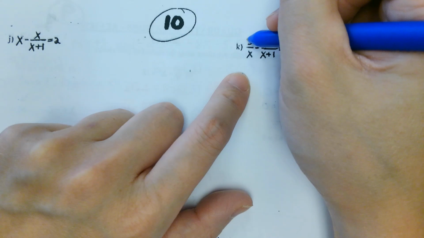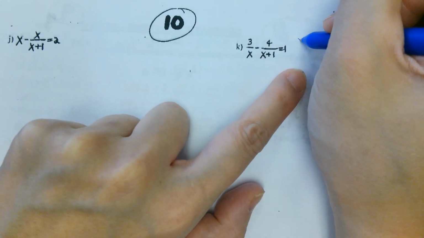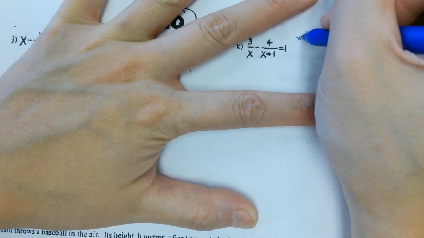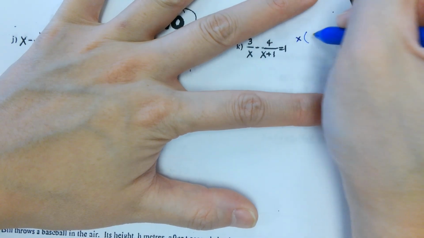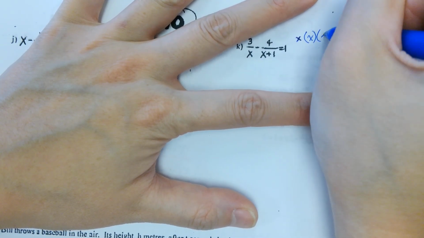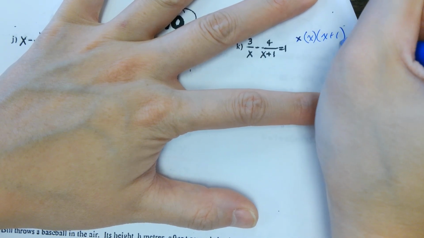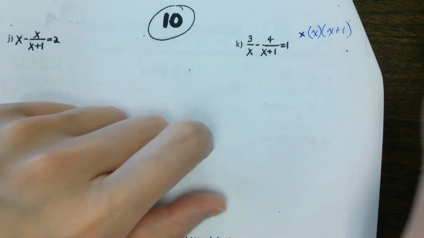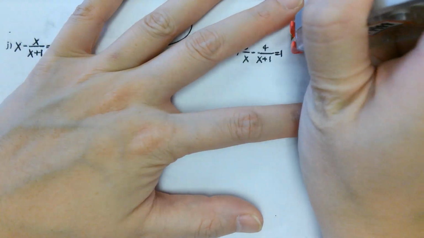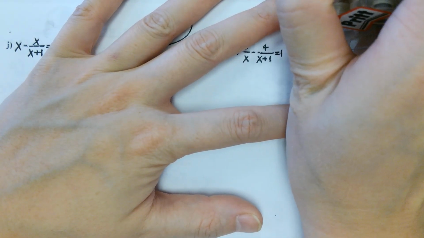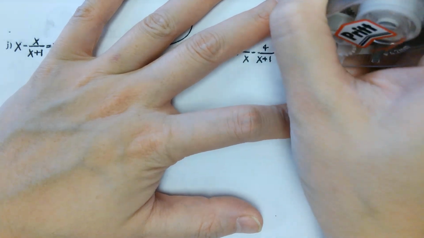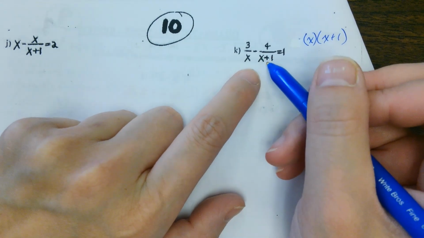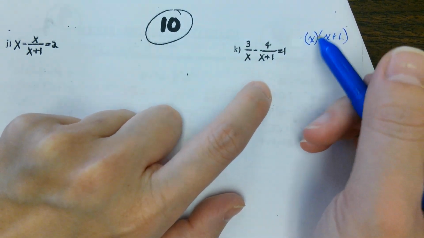So in this case, I'm going to multiply everything by x and x plus 1. Actually here, I don't want that to confuse you guys. I don't want you to think that's another x. Alright, so my lowest common denominator here is x and x plus 1.